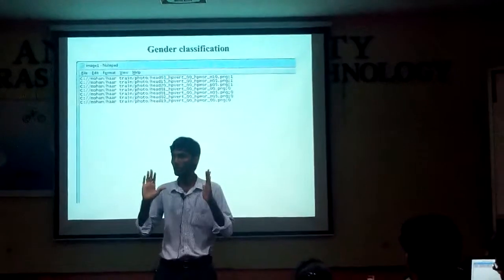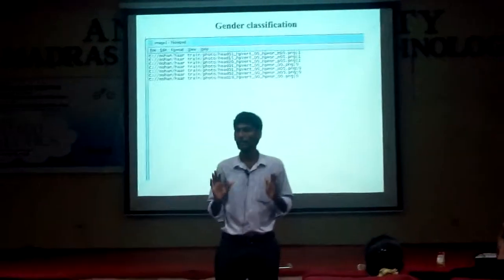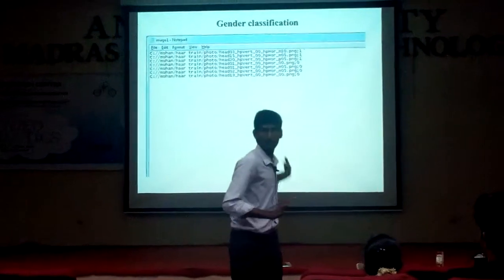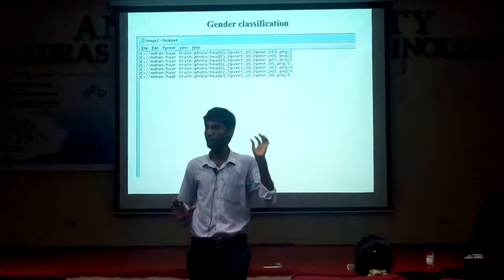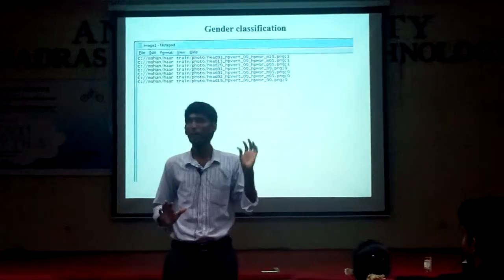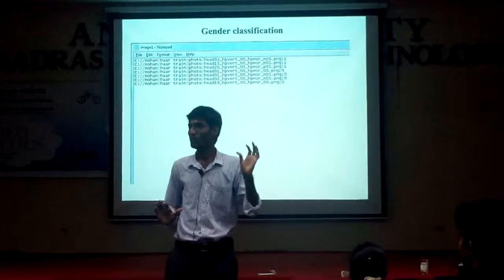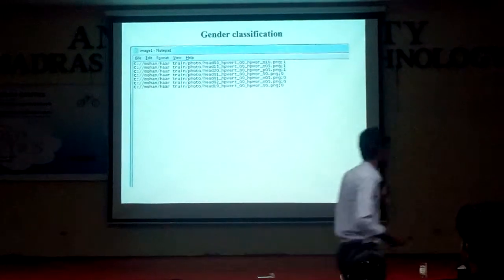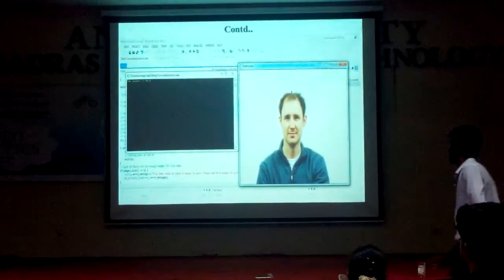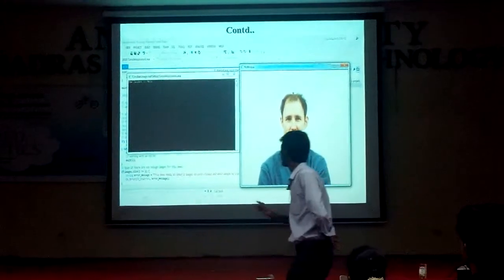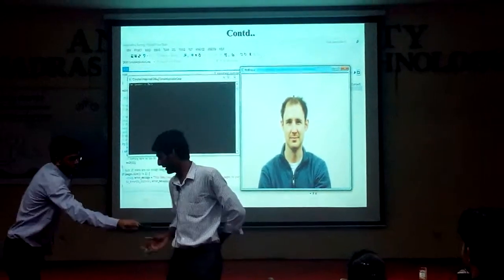Whatever input images you want to train for gender classification, you put them all in the text file and at the end give the label. If it is a female, give it as 1. If it is a male, give it as 0. Once this is done, I give this text file for training. When I train this file and give an input image, the output will be displayed.